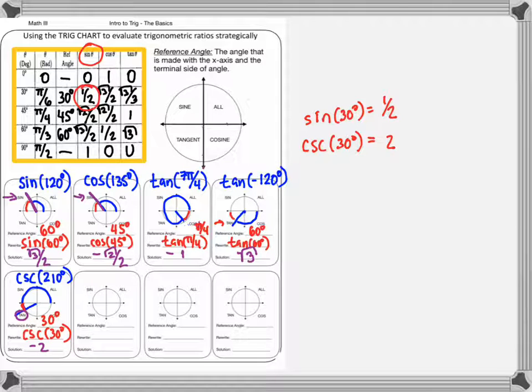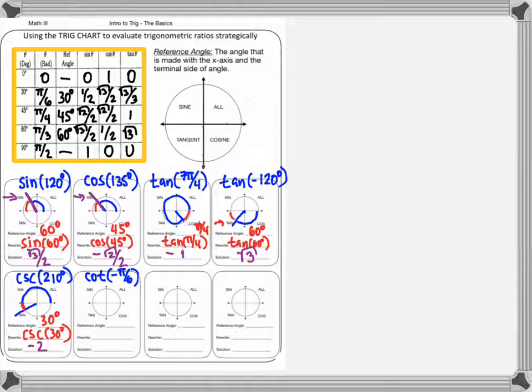Okay, let's look at another one that has to do with radians. Here we have the cotangent of -π/6. A -π/6 is going to be going in this direction here. Remember that π/6 is equivalent to 30 degrees, so this is going to be the reference angle, π/6.